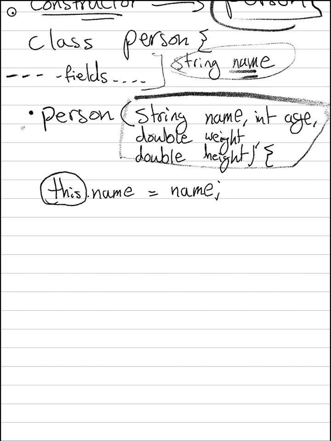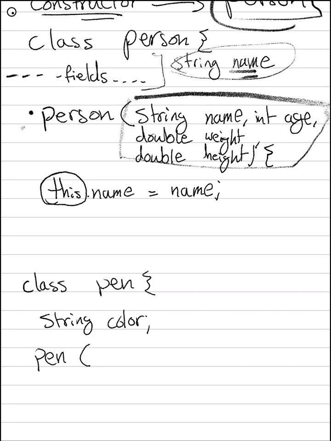So let's give you just another example just to make sure that you understand. Okay. Let's say we had a class pen, and the pen just had a string color. Okay. And I want to create a constructor for pen. And the constructor actually doesn't take in anything.